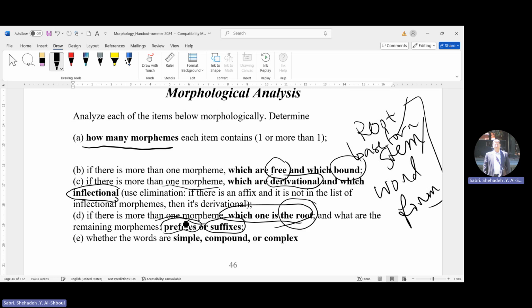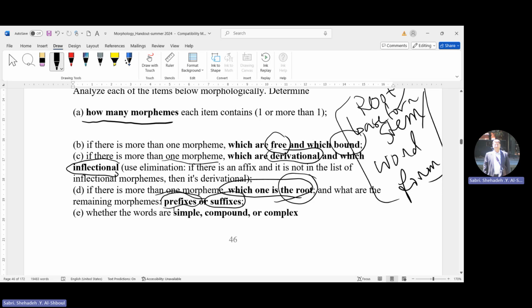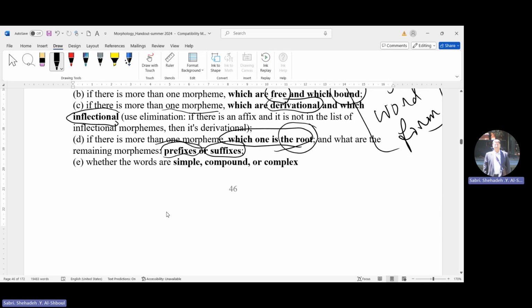So actually these are very important notions that we have to bear in mind about the behavior of the word forms. Which word forms are simple, I mean, that can be only a root or only a stem. Which are complex, I mean, which word forms contain either prefixes or suffixes, or maybe circumfixes or maybe interfixes.